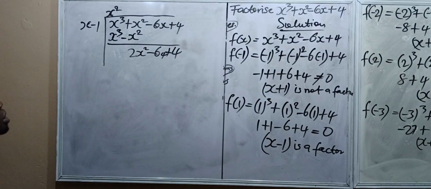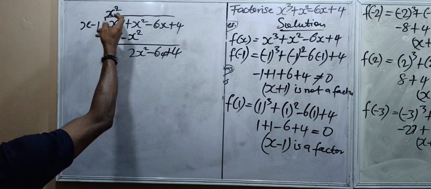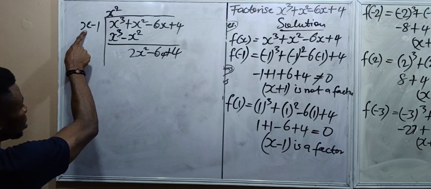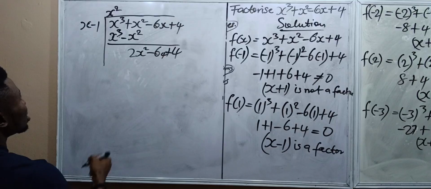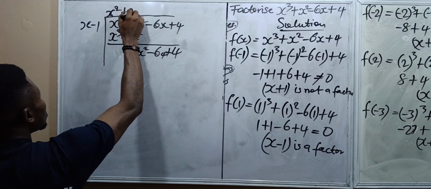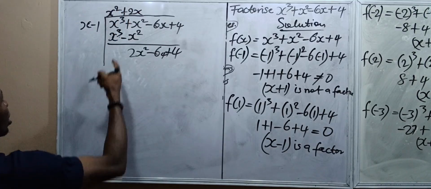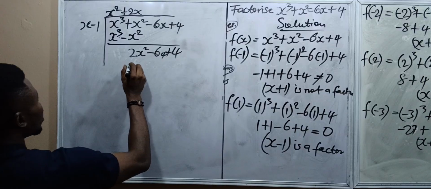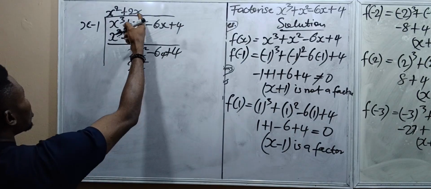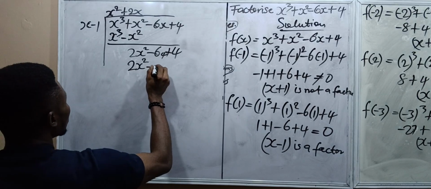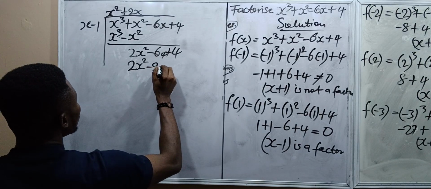So move to the second stage. Now you look for another number again, which when you multiply with this one gives you 2x squared. And what is that number? It is plus 2x. Now 2x times x will give us 2x squared. And then 2x times minus 1 gives you minus 2x.